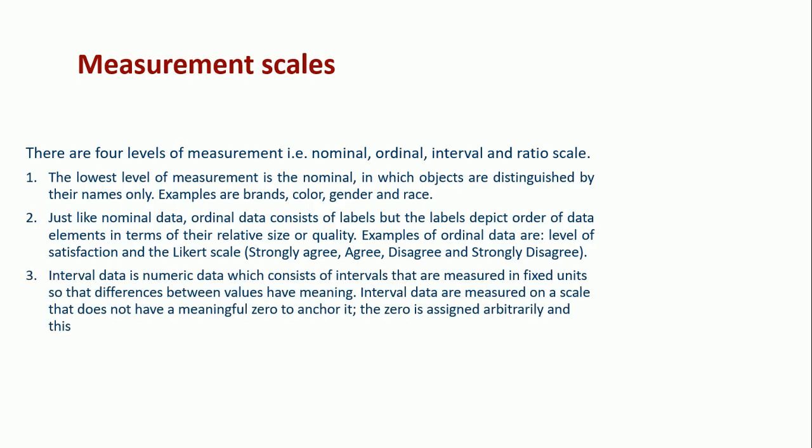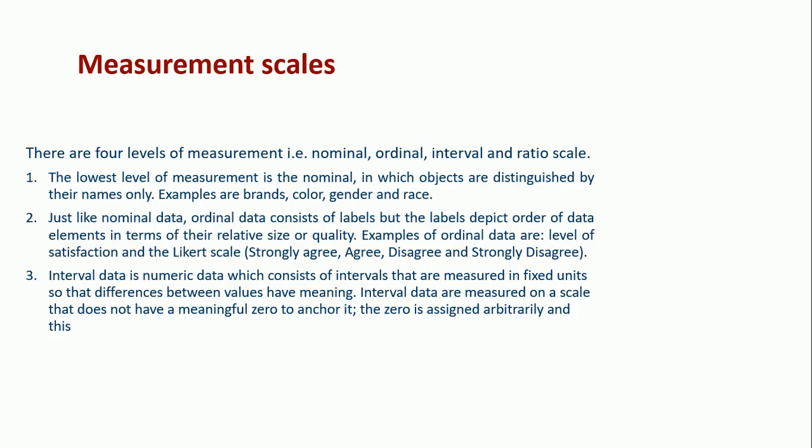Then the third level of measurement is the interval. This is strictly numeric. The interval level of measurement and the ratio level of measurement are both numeric, but there are two main differences.